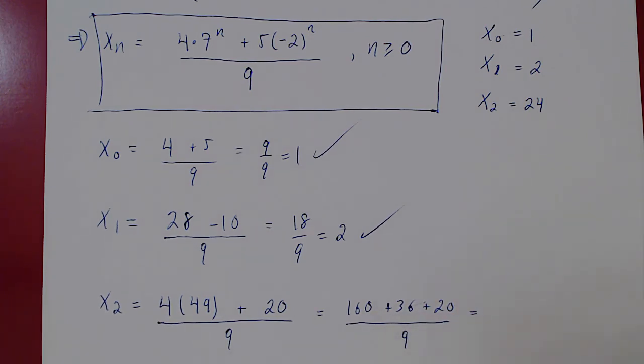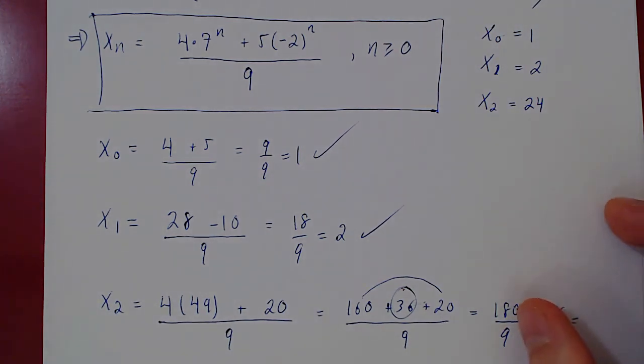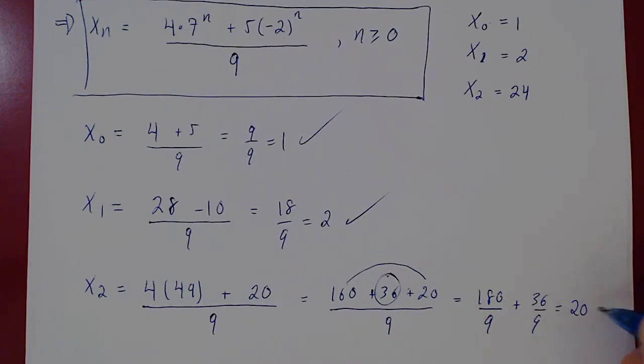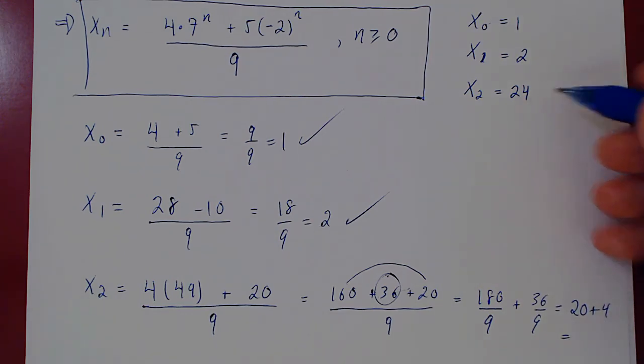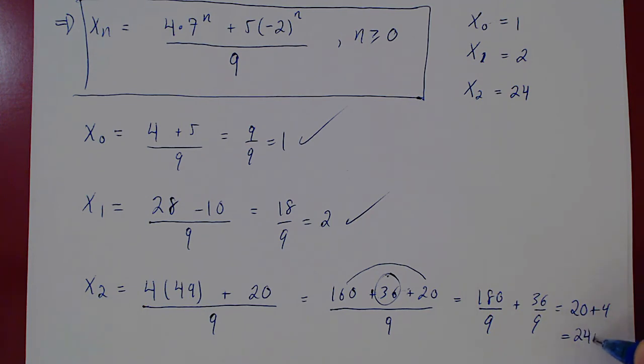Well, what do we have? We have 180 plus 36 over 9, right? But 180 over 9, if you think of it, 18 over 9 is 2, times 10 is 20. So that's just 20, plus 36 over 9 is 4. 20 plus 4, and would you look at that? As expected, x2 is 24.